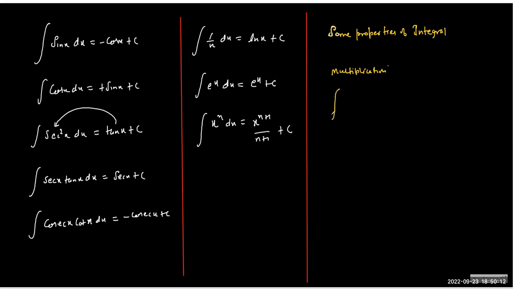So if we have any function f(x), and if you integrate, and let's say the answer turns out to be some new function capital F(x). So if I multiply a number before the function, because a is a constant which is a multiplier, I can take it outside.